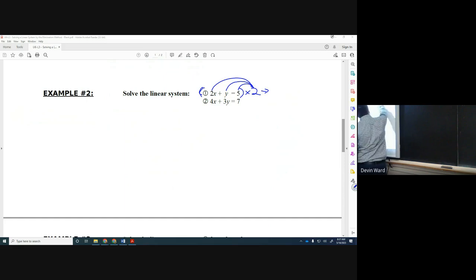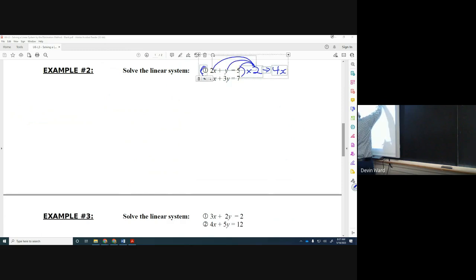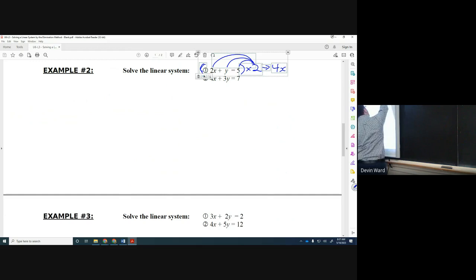So I have 2 times 2x, which gets me 4x, and now I have the same x value. Okay, actually, I'm going to roll this up a bit, so more room. So I have 4x, 2 times y is plus 2y, and 2 times 5 is 10.